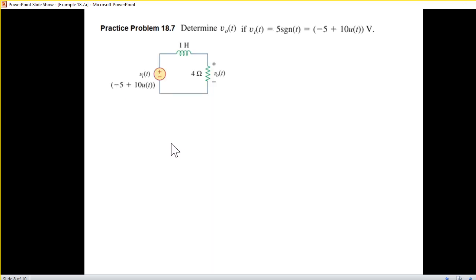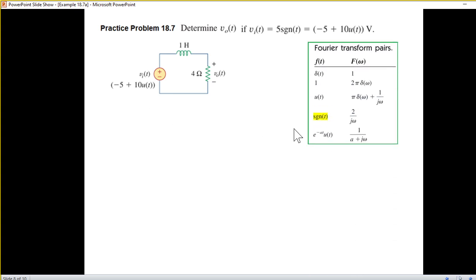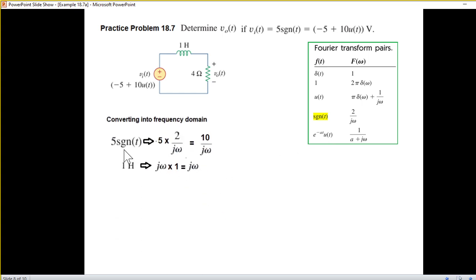Now let's solve the question. This is the circuit. We'll apply this formula. 5 signum t is 5 into 2 over j omega, since signum t is 2 over j omega. That will be 10 over j omega. This will be our input.